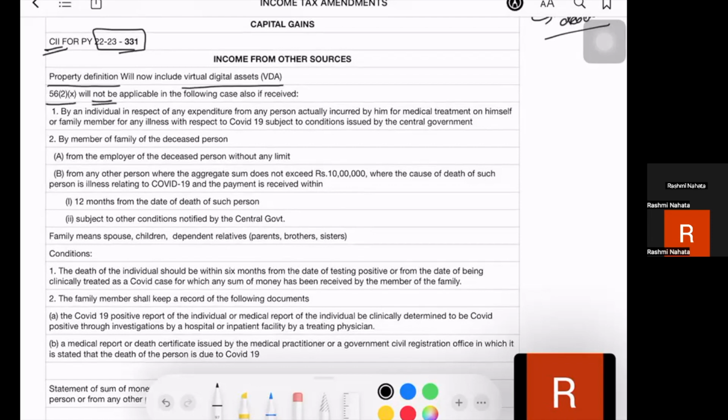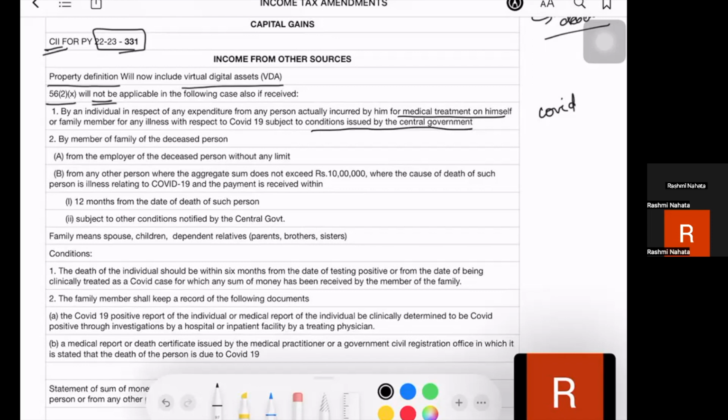Any individual who has got any sum from a person for medical treatment, again with regard to COVID illness, if a person is getting any money for medical treatment of himself or a family member, then it shall not be treated as a taxable gift, subject to conditions issued by the central government in this regard. So this is the first thing, for medical treatment.